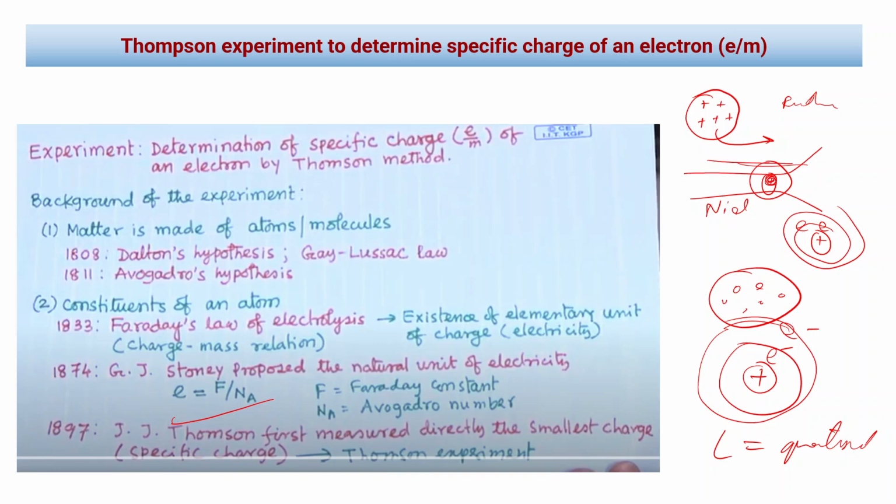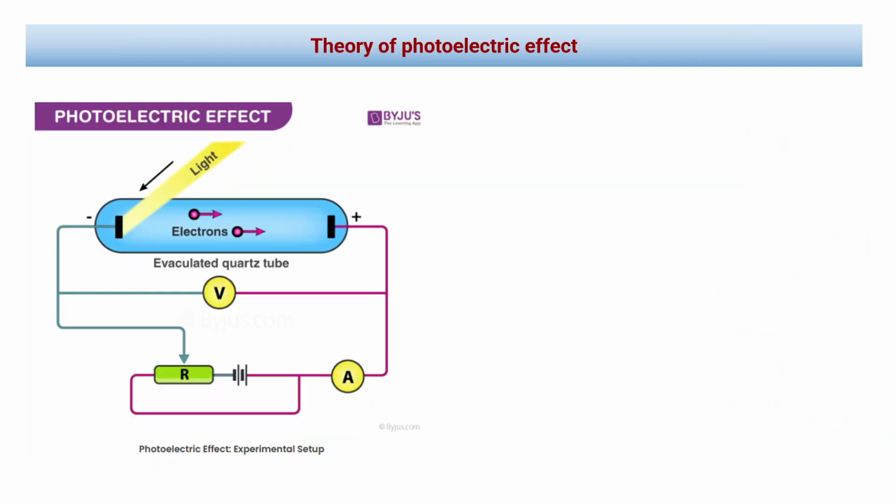So all these historical information were always given to tell you how science, how physics, has evolved. But I highly doubt that you will be asked these kinds of questions. Although the basic things, like the photoelectric effect was explained by Einstein, are the usual things we should keep in mind.